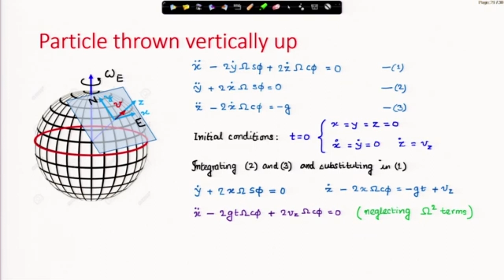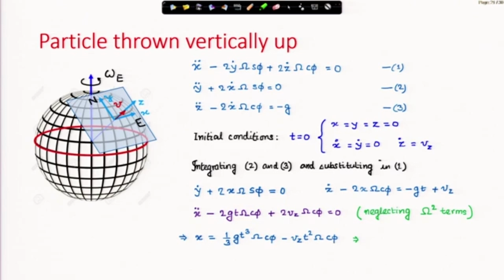Now, I substitute these expressions of y dot and z dot in the first equation, and once again neglect omega square. If I do that, I obtain this expression of x double dot, which I can integrate using the initial conditions to obtain this expression of x. This tells me how the x coordinate of the particle changes.